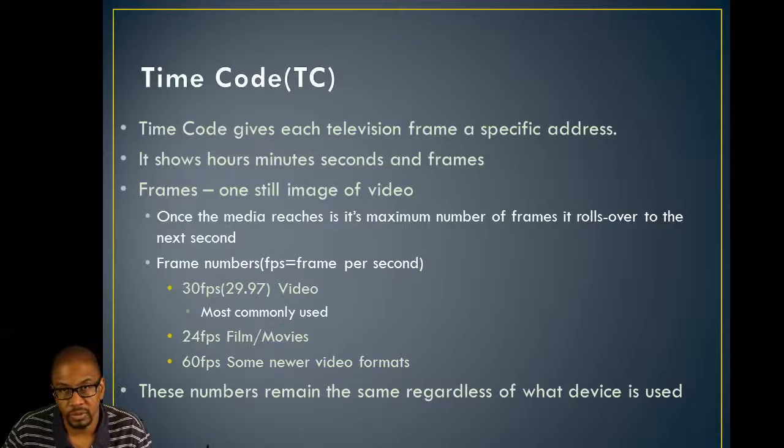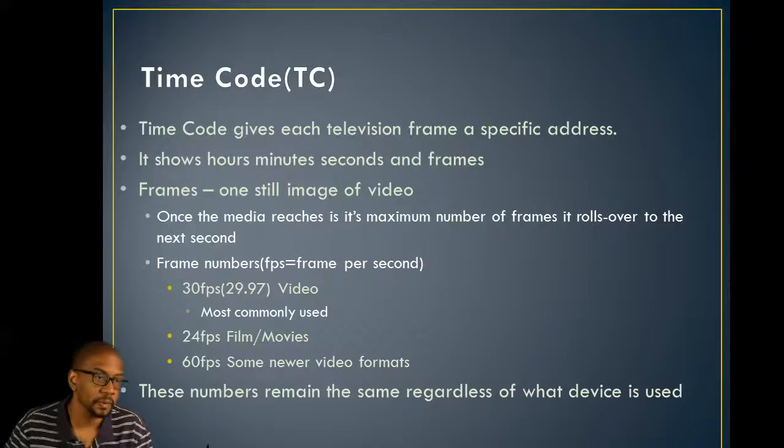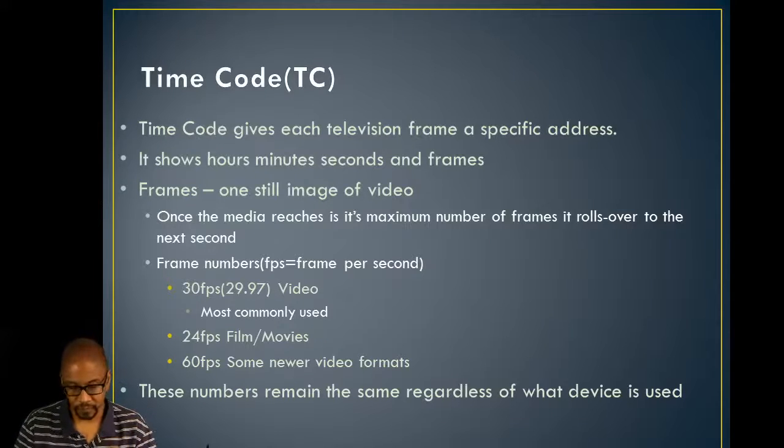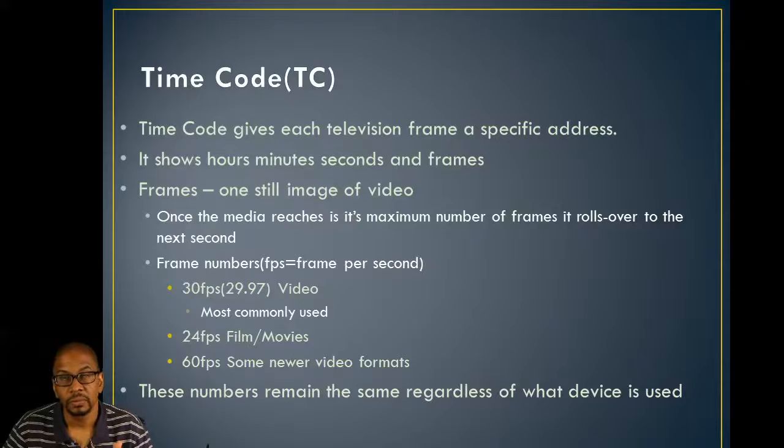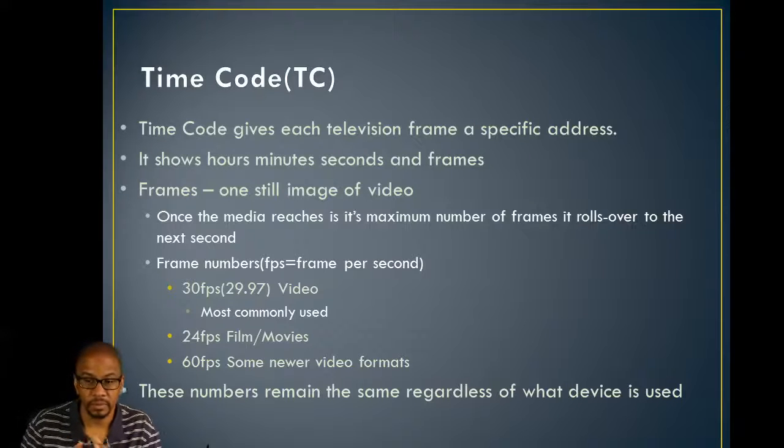Now I'm sure you've all heard of hours and minutes and seconds, but a frame is an even smaller measure of time. Depending on the type of video, there are 30 frames in a second. For film, they have 24 frames, and a lot of cameras shoot in 60 frames.